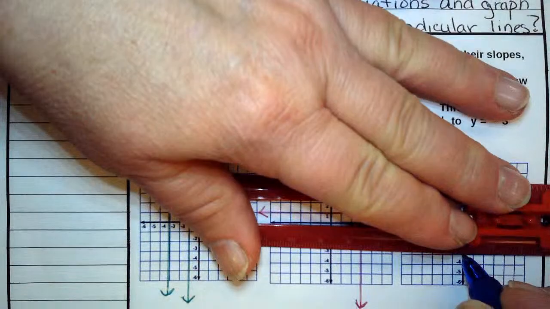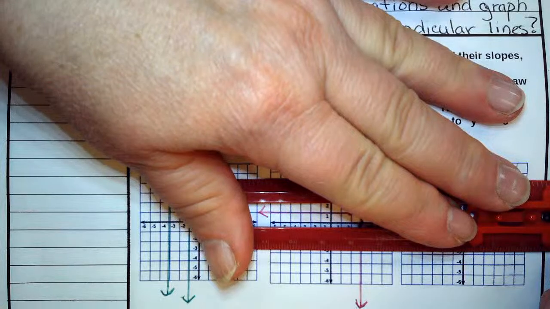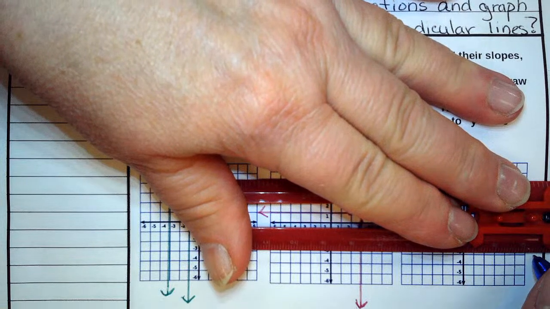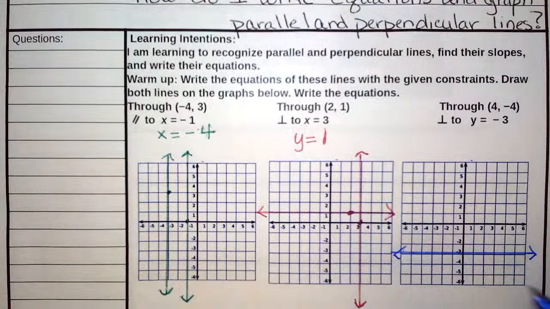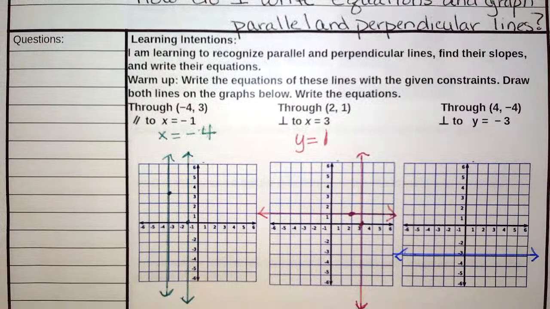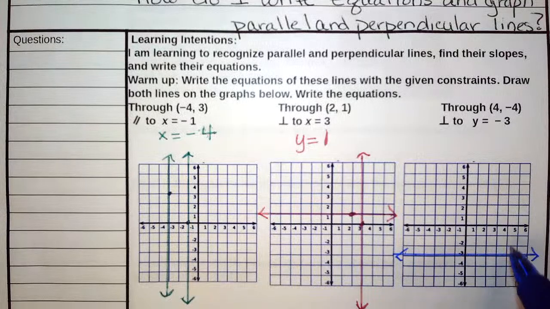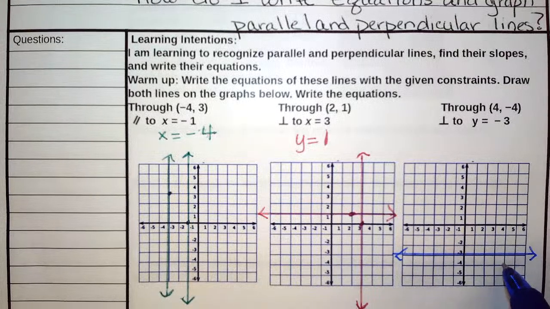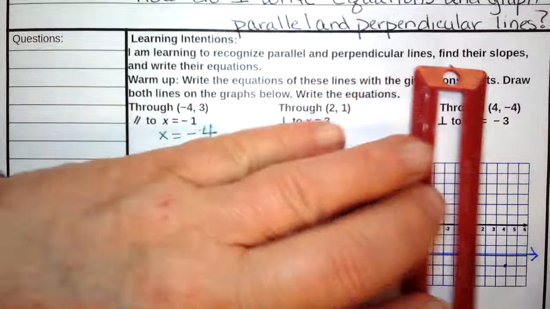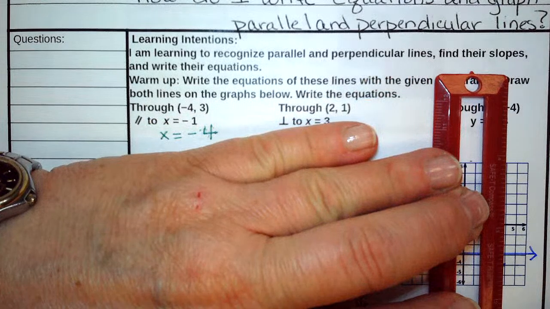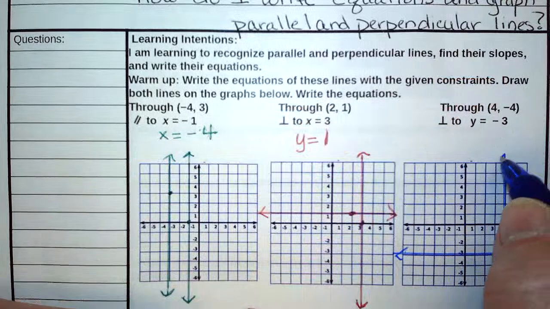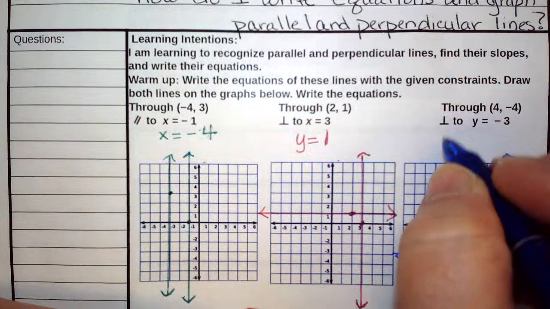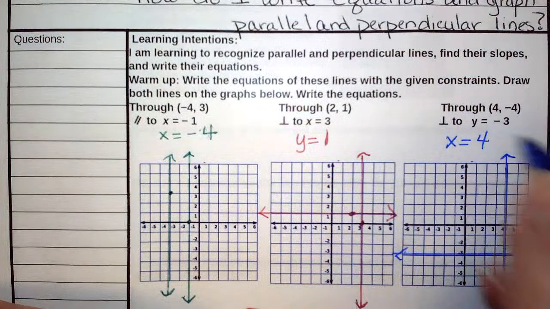So y equals -3 is a horizontal line, and we know that the perpendicular will be vertical. So let's find (4, -4). This will be our vertical line, and that becomes x equals 4.